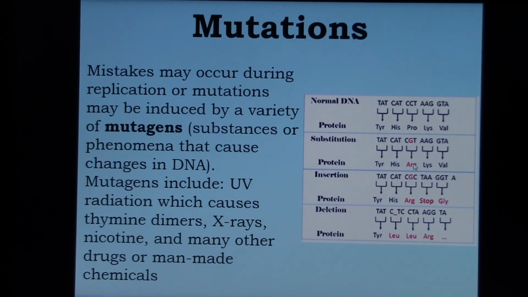And that can be enough to make a completely different protein. In fact, hemoglobin A is normal hemoglobin. It's what most of us have.